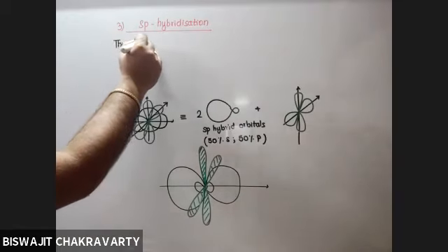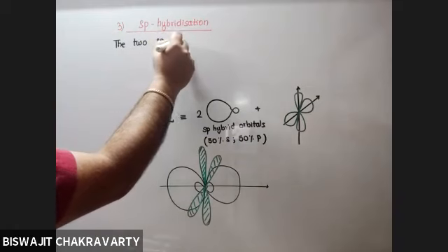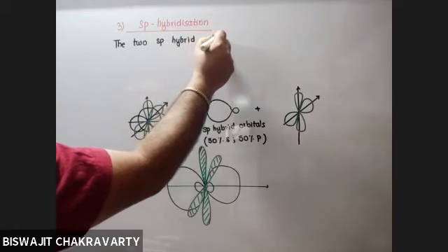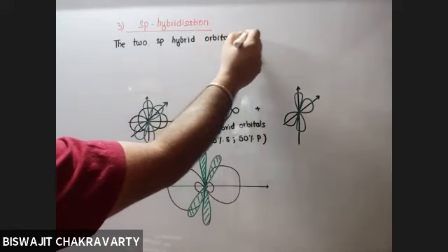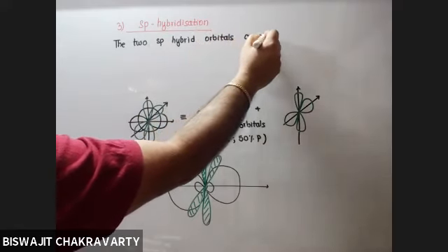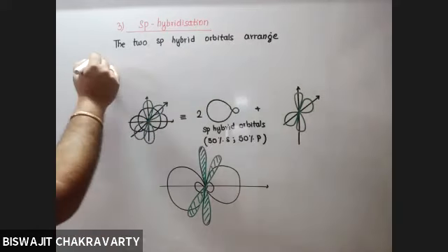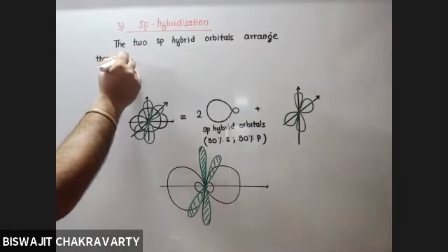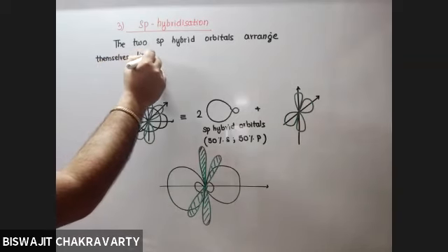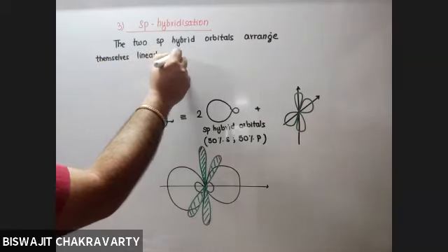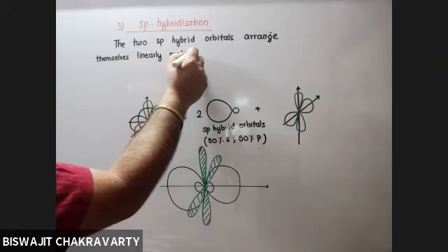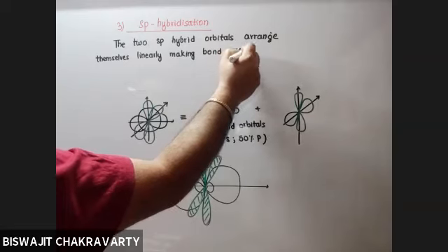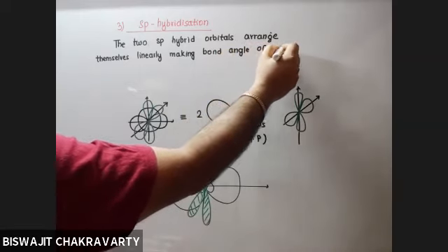The two sp hybrid orbitals arrange themselves linearly, making a bond angle of 180-degree.